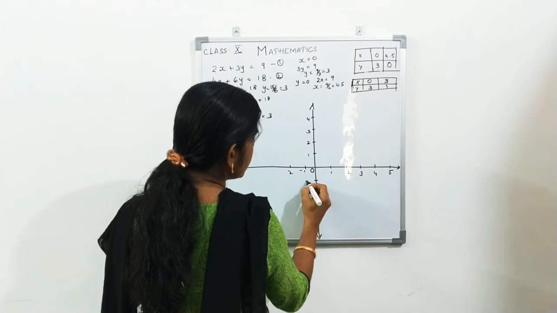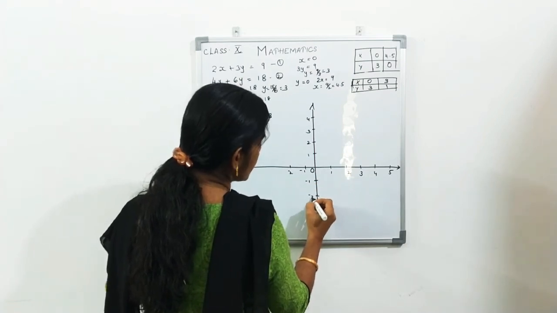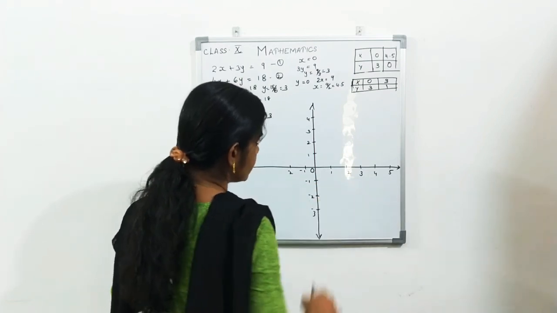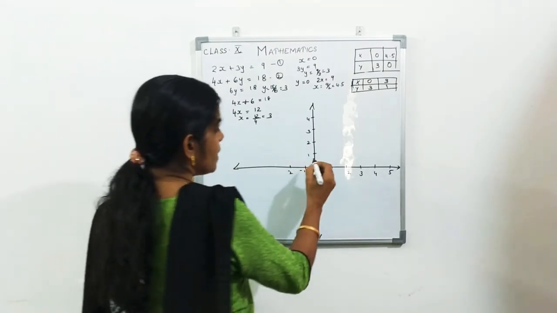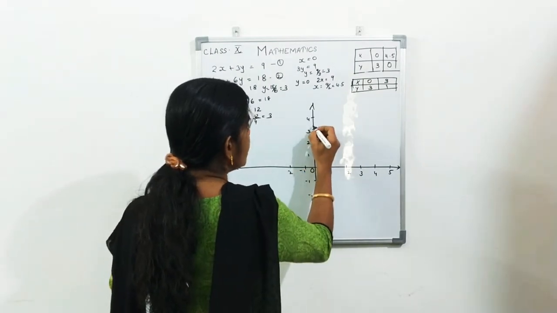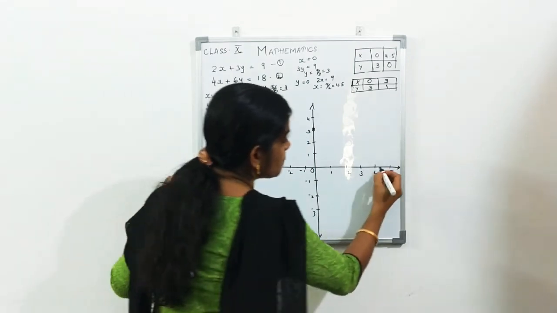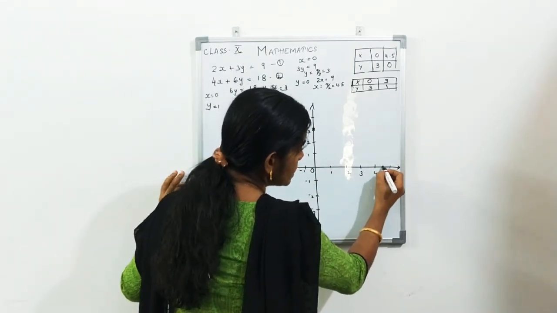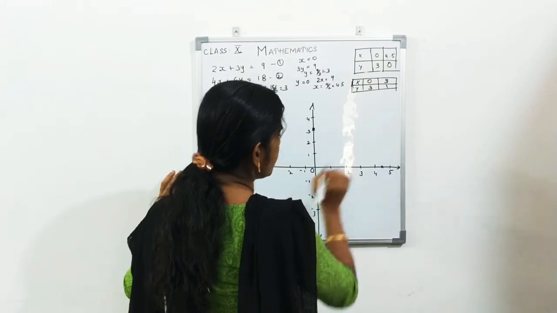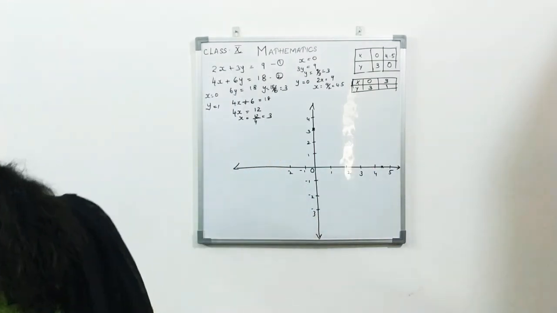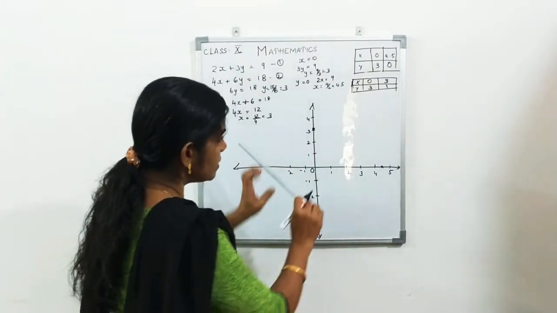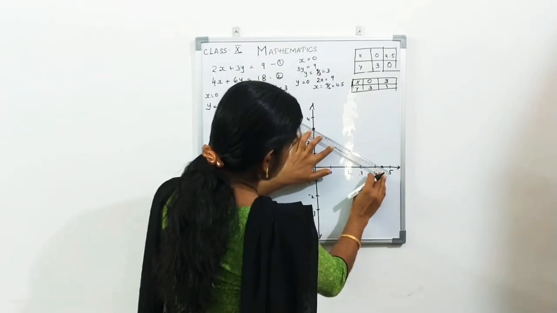Here will be the negative y, minus 1, minus 2, minus 3, like that. First one will be when x is equal to 0, y will be 3. This is the point (0, 3). Next 4.5 means between 4 and 5. This will be the point (4.5, 0). Then we can draw the graph. We can join these two points.